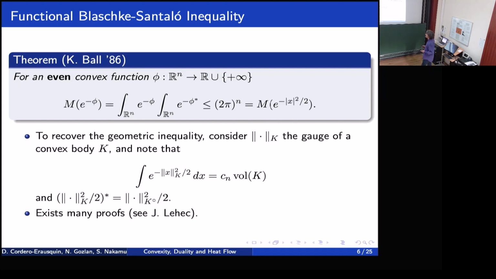Okay, so there exist many proofs of this inequality, more modern proofs, I want to say. In particular, Joseph Lehec gave two or three proofs of this inequality, but in general they all rely on some geometric insight, right? It's not somehow a purely analytic proof.